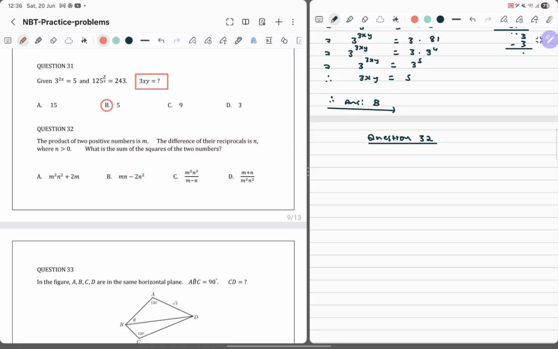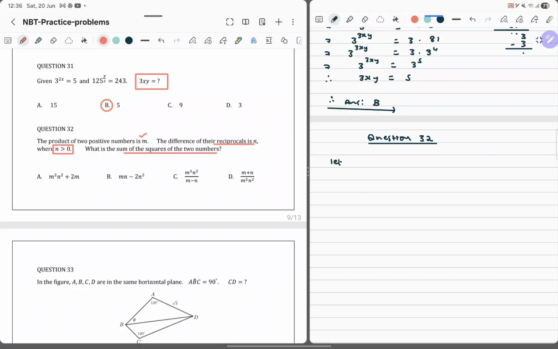Question 32 says the product of two positive numbers is m. The difference of their reciprocals is n, where n is greater than 0. Okay, positive. What is the sum of the squares of the two numbers? Nice thing is word problems.